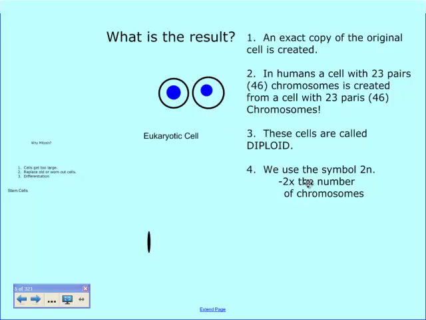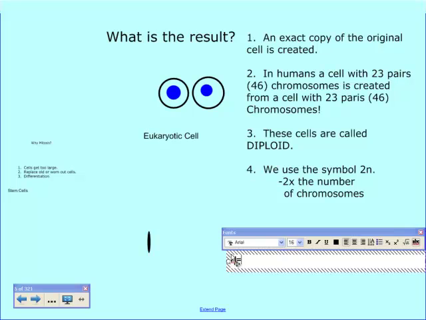Now, the final thing that we need to focus on here is how do we show that? And it's going to be really important in the next topic when we start talking about meiosis, or how we create our sex cells or our gametes, our sperm and egg. We use the symbol 2n, where it means 2 times the number of chromosomes. If you think about your algebra classes, where letters mean numbers, so variables, n would be the number of chromosomes.